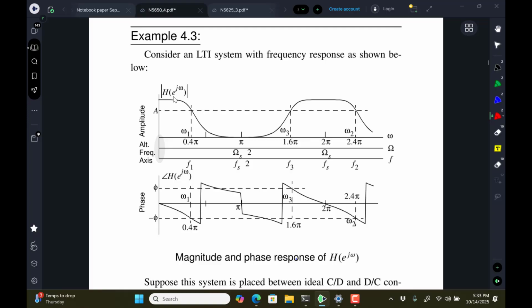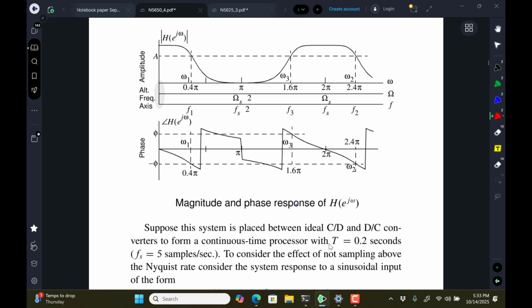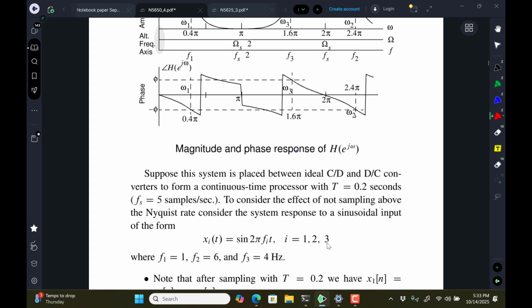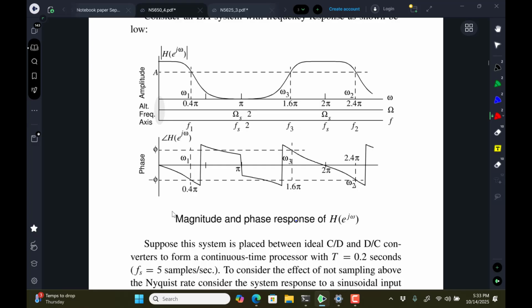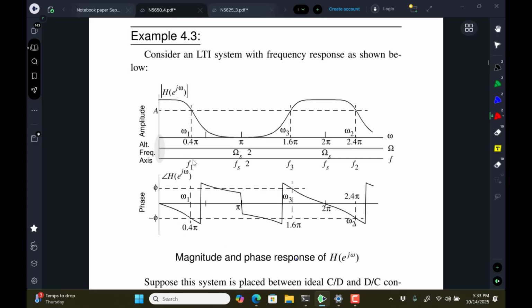And then I'm going to mark some things on these axes because I'm going to assume that the input signal is composed of 3 sinusoids, 1 hertz, 6 hertz, and 4 hertz, and the sampling rate is 5 samples per second. So F1, the 1 hertz signal, is sitting right here at 0.4 pi.